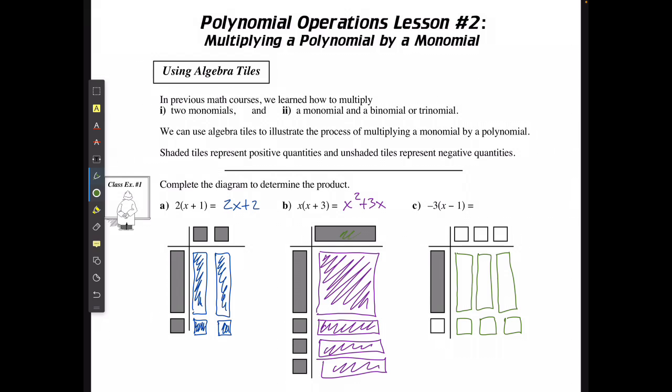A shaded one multiplied by a shaded one makes a shaded one as a result, but at the same rate, a white one and a white one are also going to make a shaded one as a result. So if I have a clear and a shaded, it should still be clear when I multiply them. If I have a shaded and a shaded, or a clear and clear, it's going to be shaded when I multiply them. Which means that this is going to give me negative 3x plus 3.